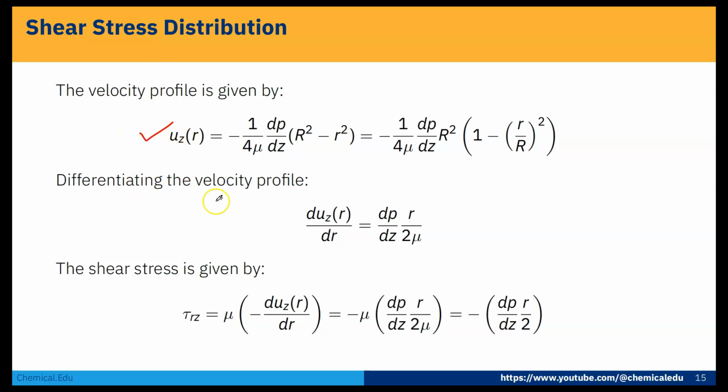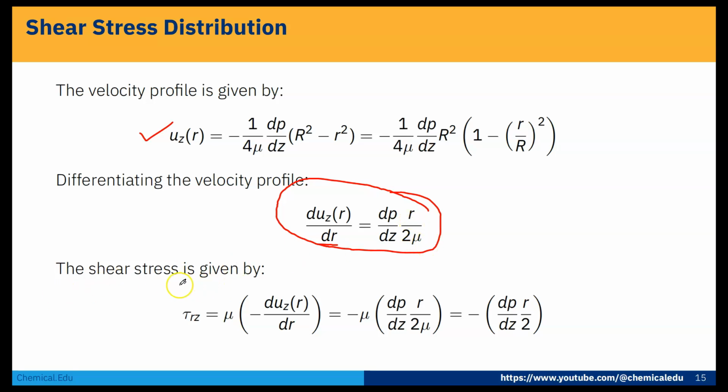Now we have the velocity profile. If I differentiate with respect to r, duz by dr, after differentiation we will get dp by dz r by 2 mu.